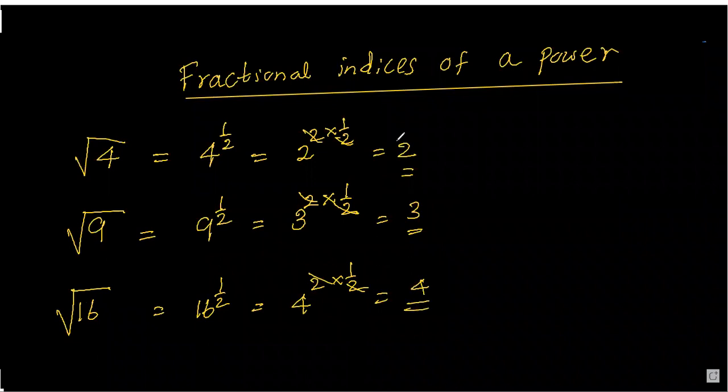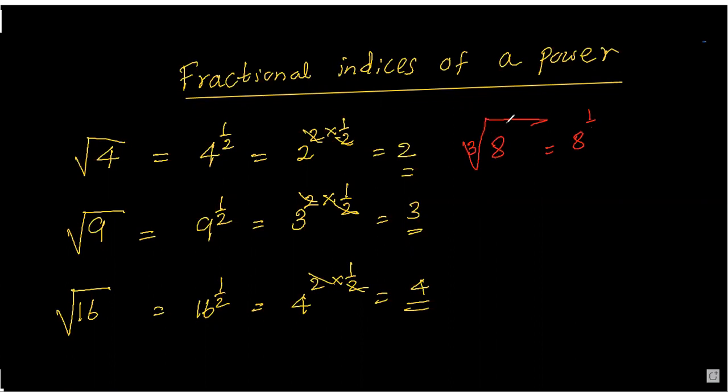If it is like this, now look at it. If it is the cube root of 8, here 3 is the cube, right? So how can we write this one then? That one is also the same.